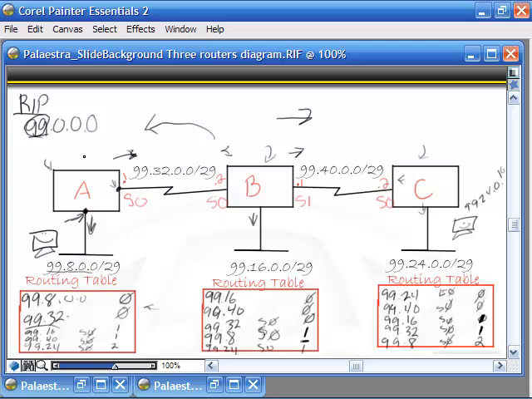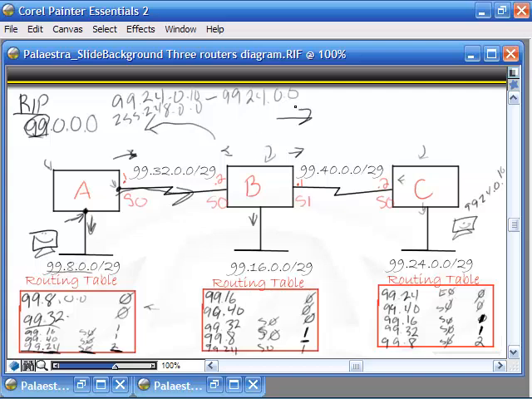And what will happen is router A will compare 99.24.0.10 to the subnet mask of 255.248.0.0, and he'll figure out and go, oh, that is subnet 99.24.0.0. Let me check my routing table. There it is. I can barely read it, but there's 99.24. And it says I have to go out of my serial 0 interface, and that router is 2 hops away. So he'll send it out of his serial 0 interface.